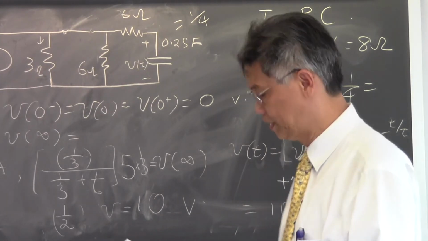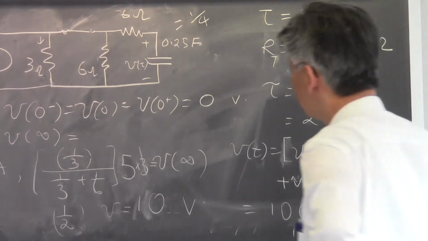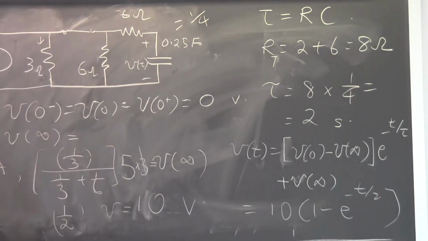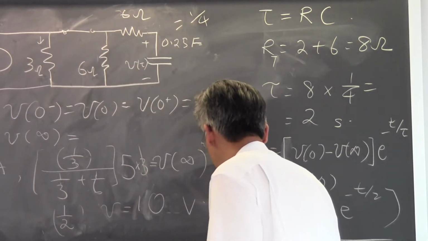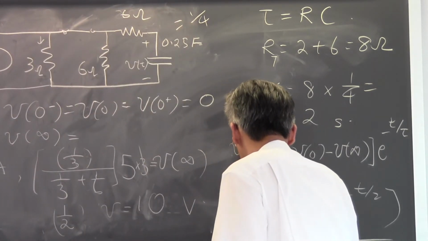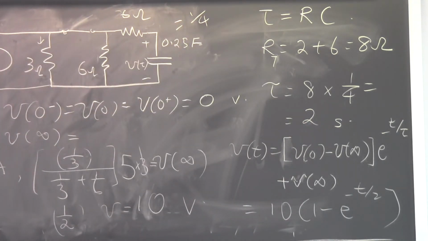That is V of t. And then you're asked to find the zero input response. If there's no input, that means you turn off the current and make it an open circuit, then nothing happens in the circuit, right? Everything is 0. So for the third part, the zero input response is equal to 0.